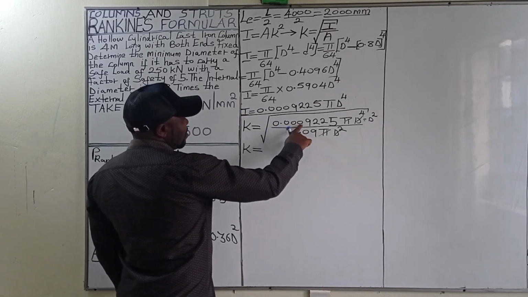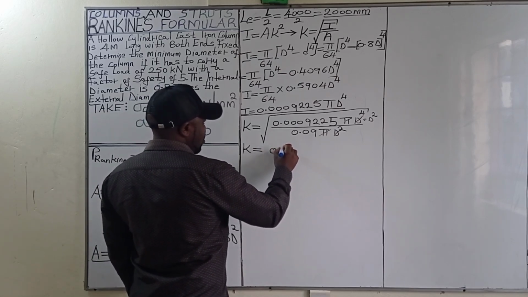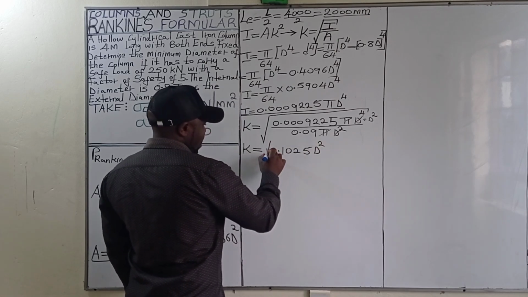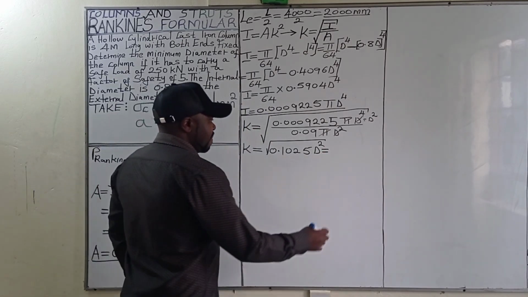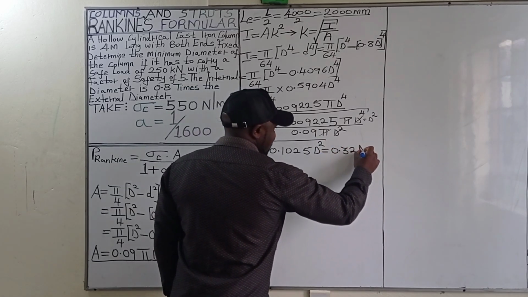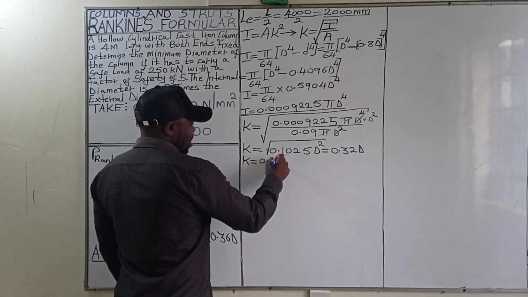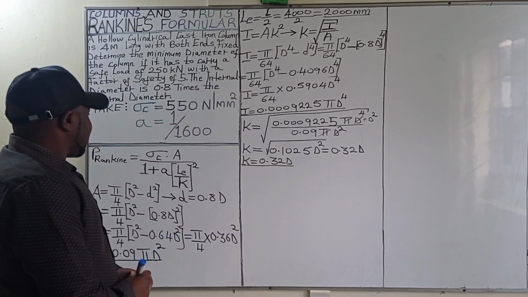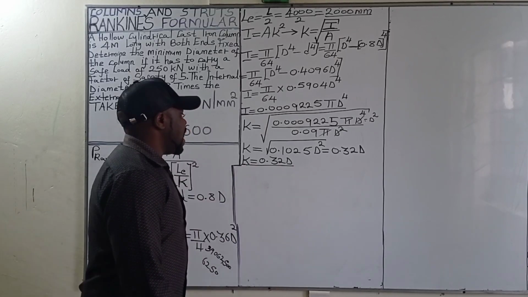Then 0.0009225 divided by 0.09 happens to be 0.1025 D squared. Get the square root of that. So the square root of 0.1025 is 0.32. The square root of D squared is D. Therefore, the least radius of gyration will be 0.32D. Awesome. Good. So the least radius of gyration is 0.32D.